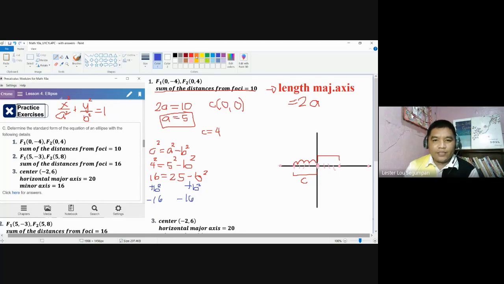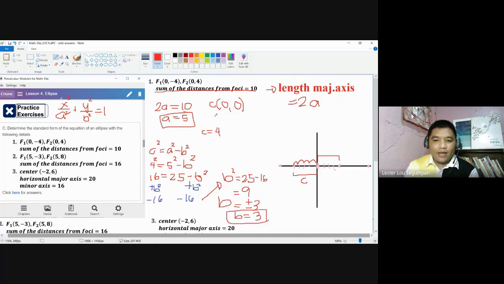You will have b squared is equal to 25 minus 16, which is 9. When you take the root, you get positive or negative 3. Again, b, a, and c are lengths or measurements, so we only accept b as positive 3. This is the value for b.